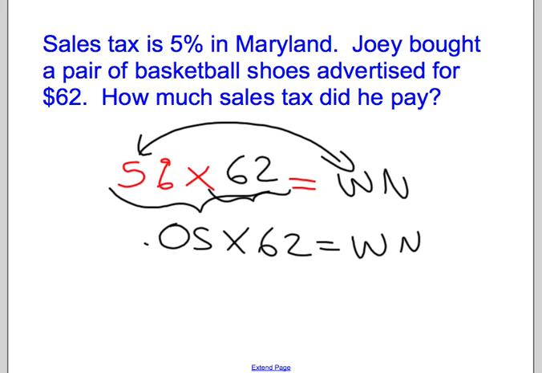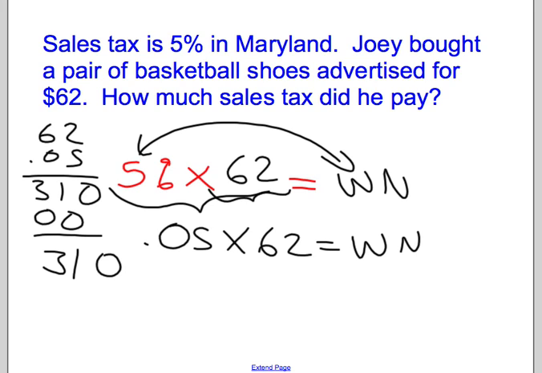And you're going to have to work this out. $3.10.